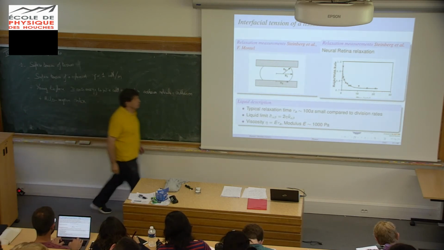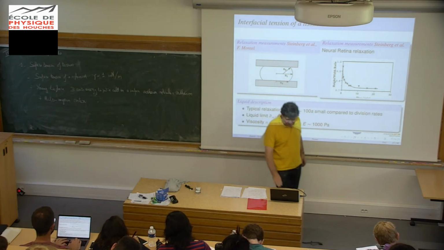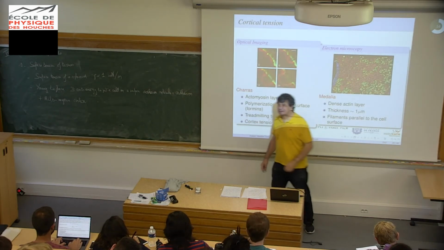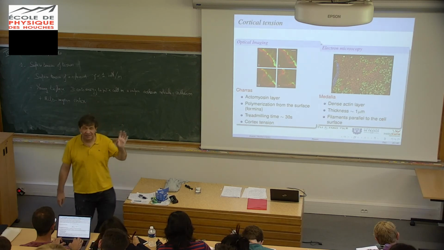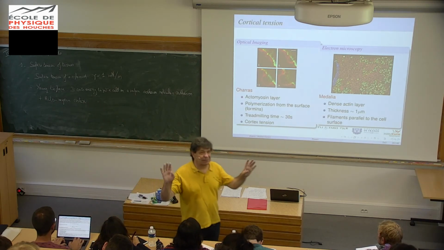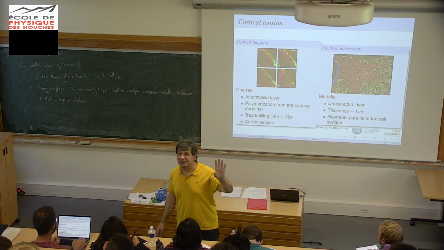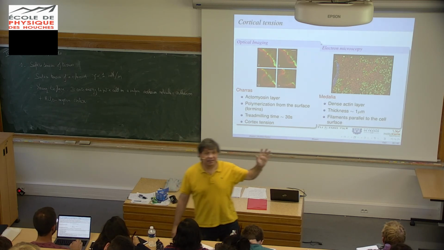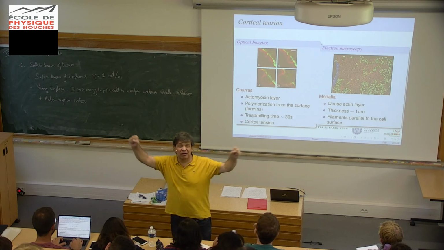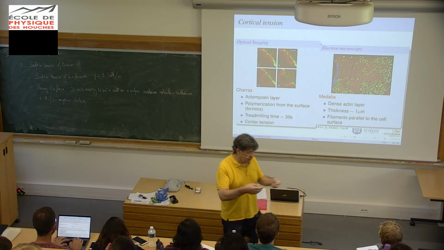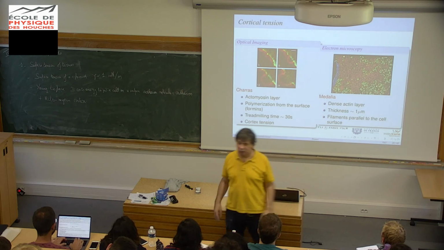So I want to explain to you what the actomyosin cortex is. And if I don't explain it clearly enough, please ask questions. In a cell, what makes the elasticity of the cell is what people call filament, which are polymer-like protein made by aggregation of some small proteins.